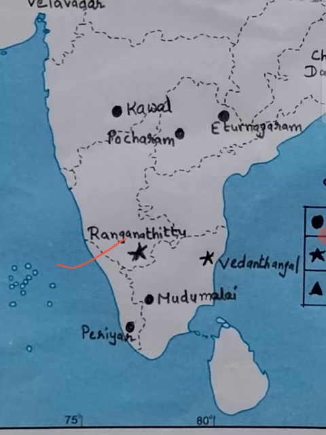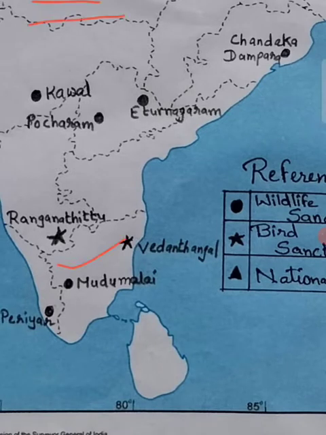And in the part of Gujarat, by mistake I have written Velavadar here, but instead of Velavadar you have to write Nal Sarovar. What you have to write? Nal Sarovar. Instead of Velavadar you have to write Nal Sarovar.